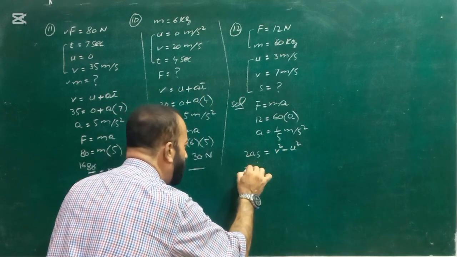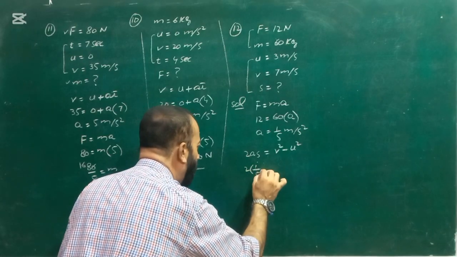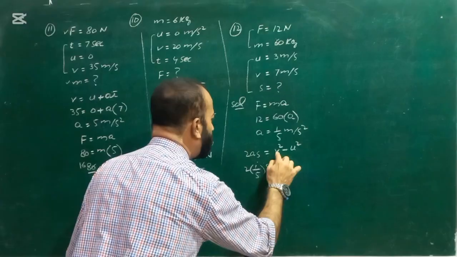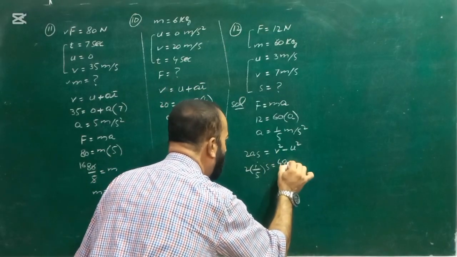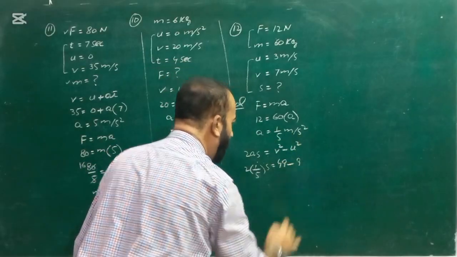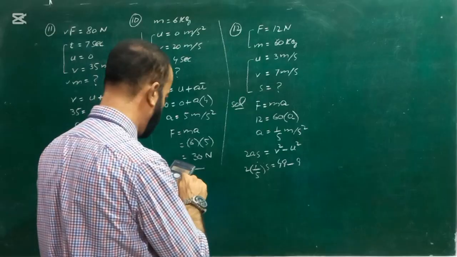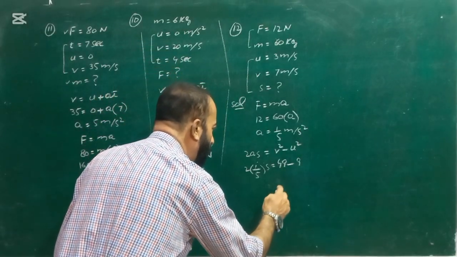So the third equation of motion will be used, that is 2AS is equal to V square minus U square. Now putting values into the formula, A is 1 by 5, S is the requirement, V is 7, so 7 square will be 49, minus U is 3, so 3 square is 9. So from here solving it, 49 minus 9 will be 40.